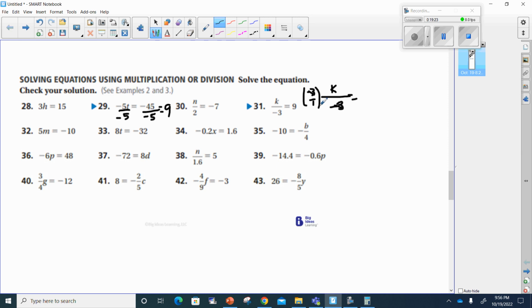That cancels out. That leaves k by itself. But if I multiply by 3 over here, I've got to multiply by 3 over here. And we just say it was a negative 3 we're multiplying by. Well, 9 times a negative 3 will give me negative 27.